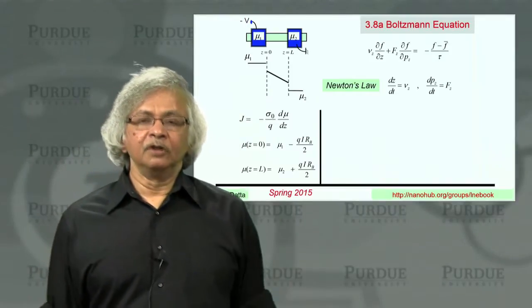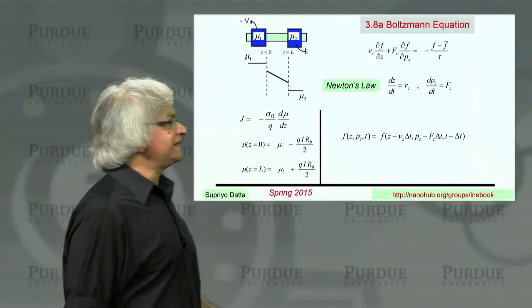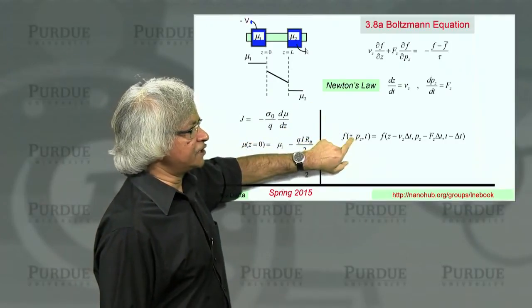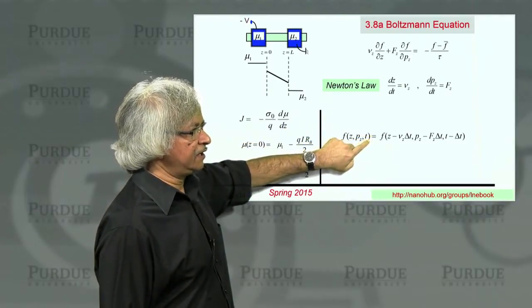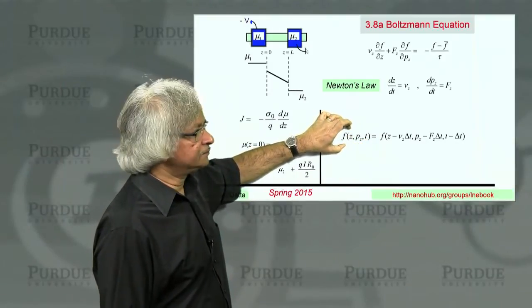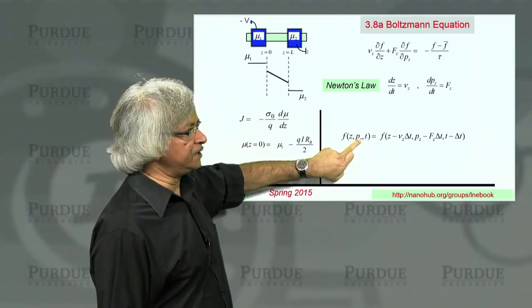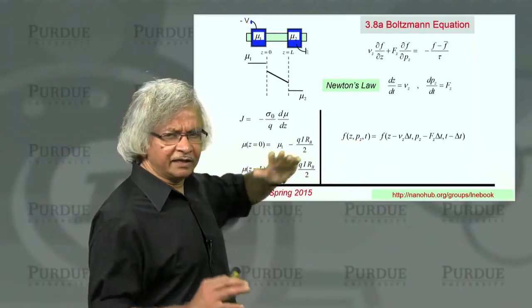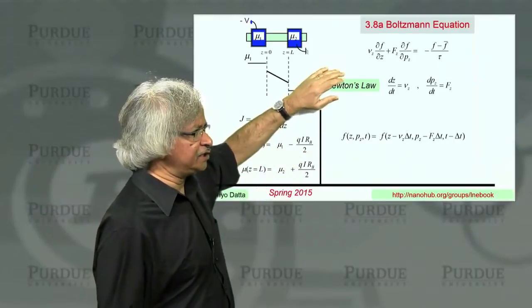Now, in the Boltzmann equation, we define something called f, which is a function of z, pz, and t. What it tells you is the occupation of states with a certain momentum pz at a location z at time t. Note that there is an important change in concept here.